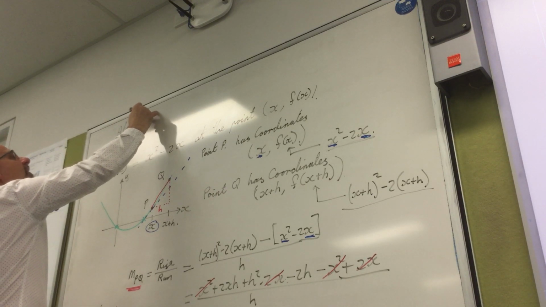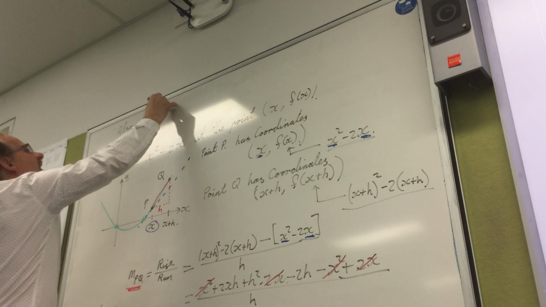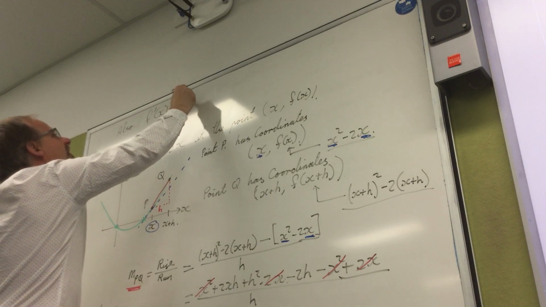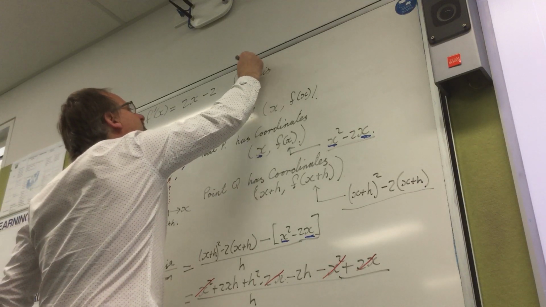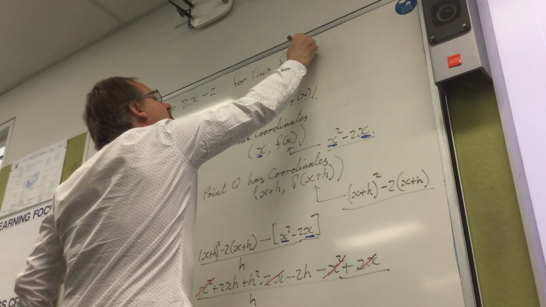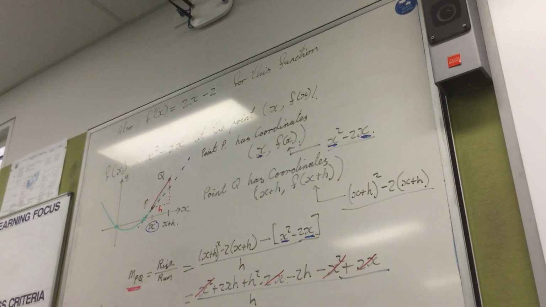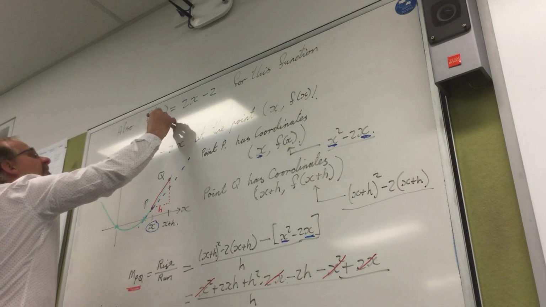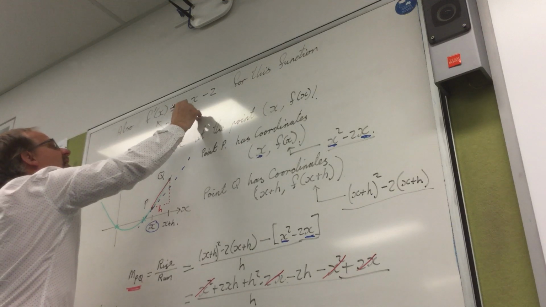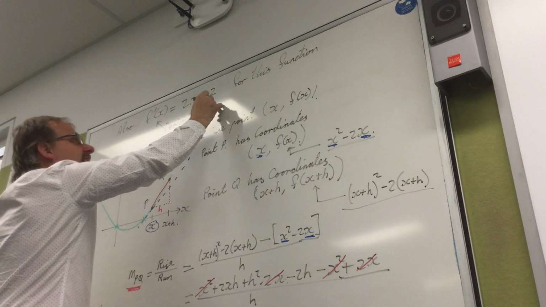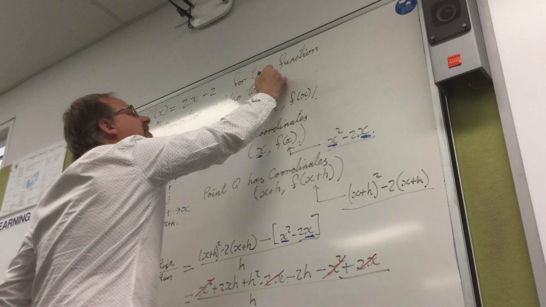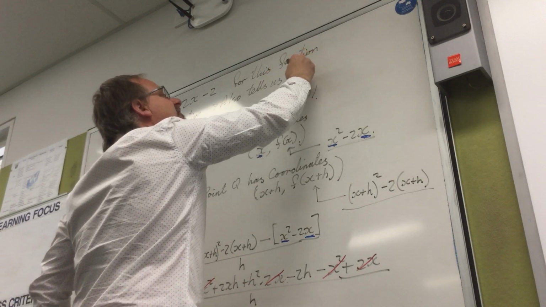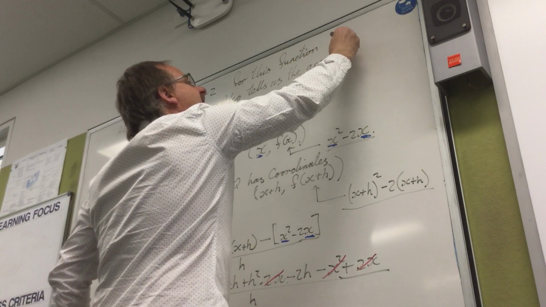Because it's known as the gradient, the derivative, f dashed x in this case will be 2x minus 2 for this function. So f dashed x is the derivative, which also tells us the gradient of the tangent.